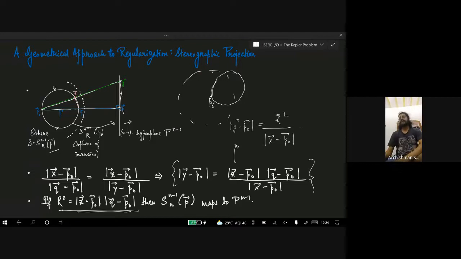The point I'm trying to make is that if you appropriately select the radius of the dotted sphere, then this inversion is going to send this sphere to some hyperplane of the same dimension. So if this is, let's say, a K sphere, then you end up with a K hyperplane.